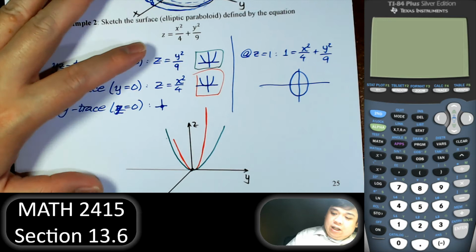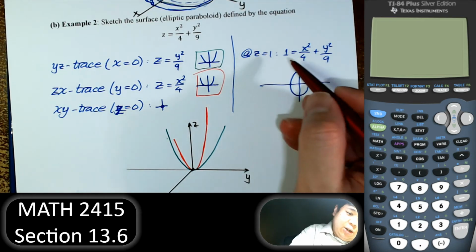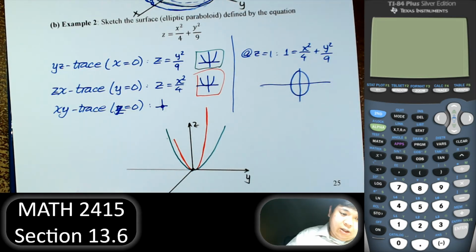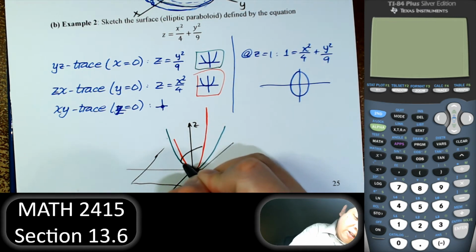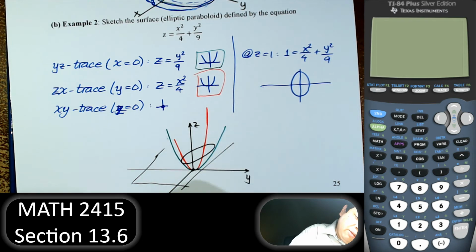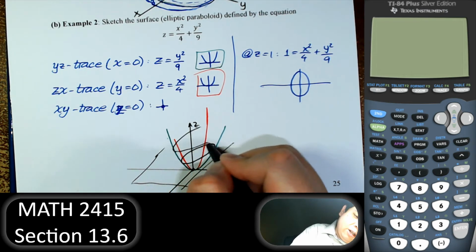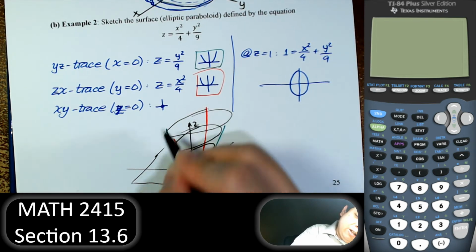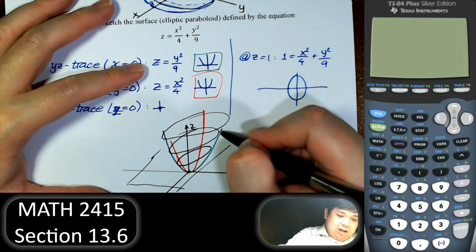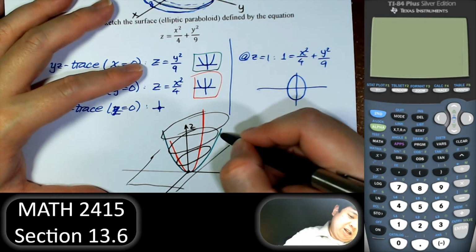So when we have a plane z equal to 1, we will have an ellipse. So pretty much, yeah, this is an ellipsoid like that.